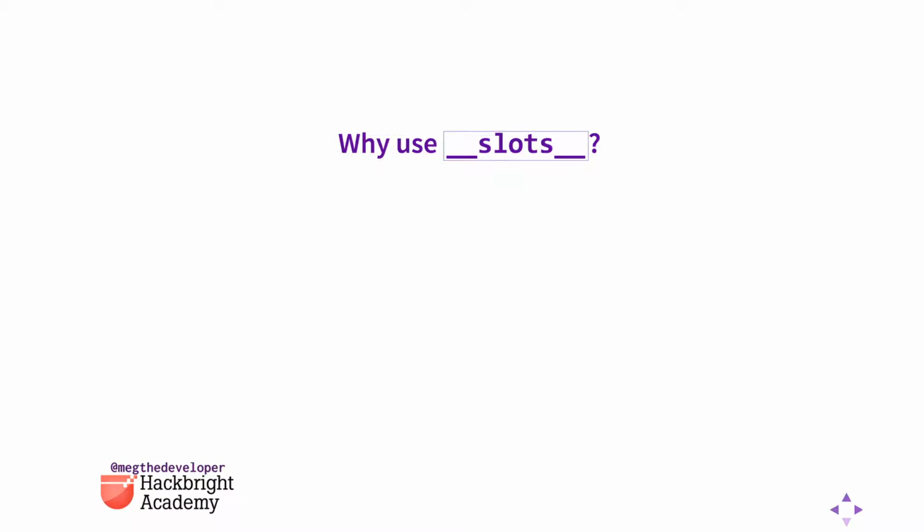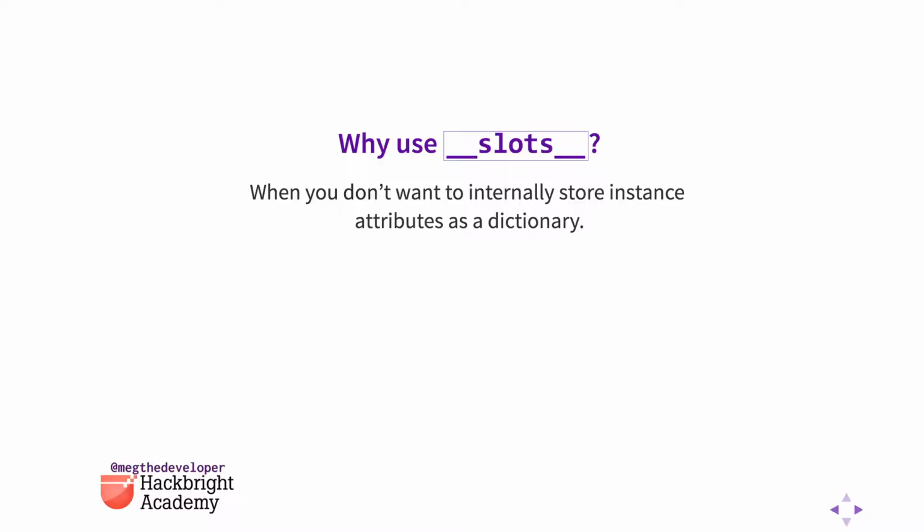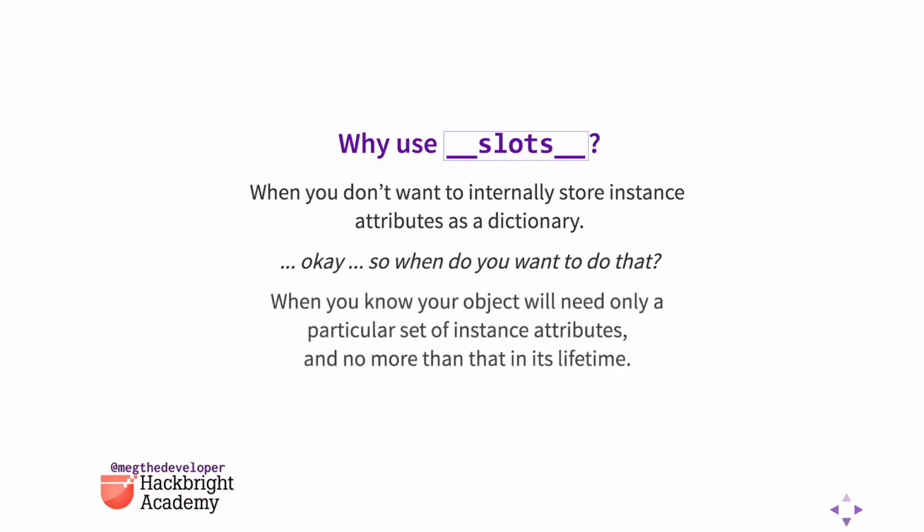So why would you use slots? When you don't want to internally store instance attributes as a dictionary. When you know your object will only need a particular set of attributes, no more than that in its lifetime. And this saves an incredible amount of space.